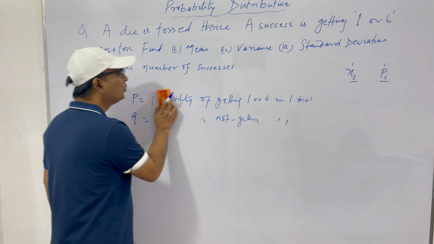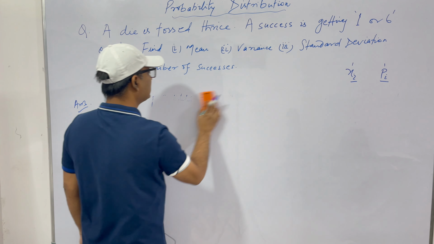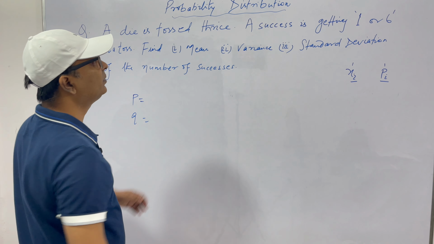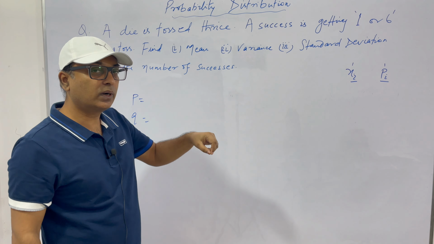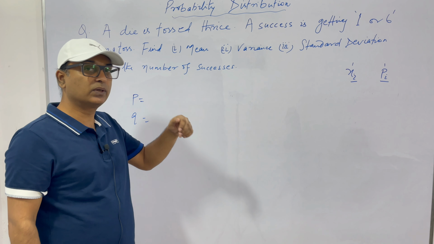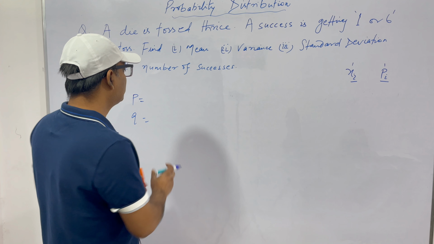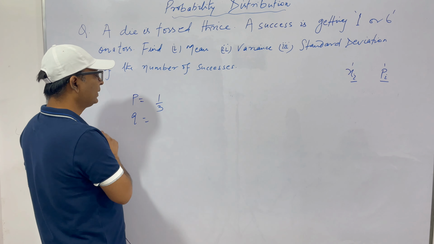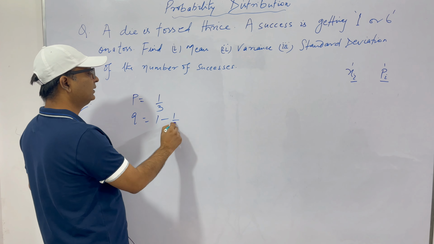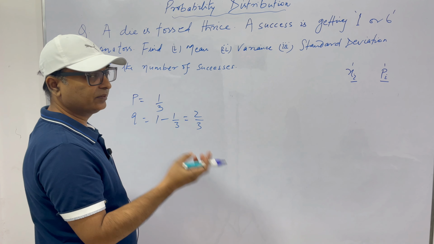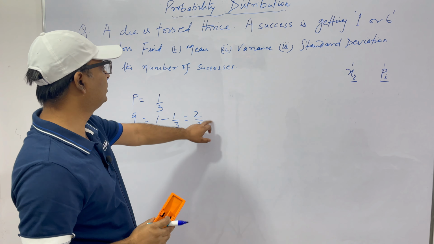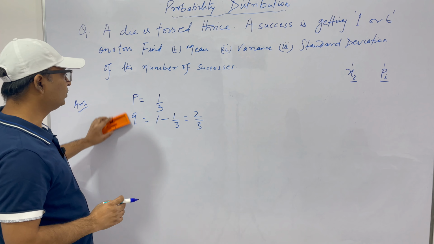What is it? Getting 1 or 6. For 1 out of 6, the probability is 1 by 6, and for 6 it is again 1 by 6. So if we throw a die, getting either 1 or 6 is 2 out of 6, so the probability is 1 by 3. Therefore, q is 1 minus 1 by 3, that is 2 by 3. Obviously, 2, 3, 4, 5, that is 4 by 6. So that is q. Now we have p and q.